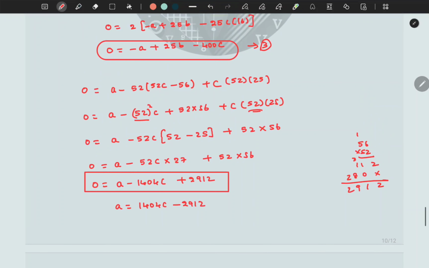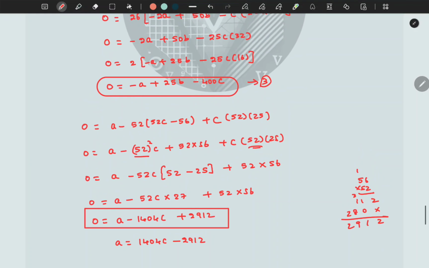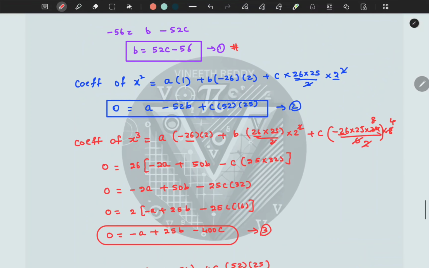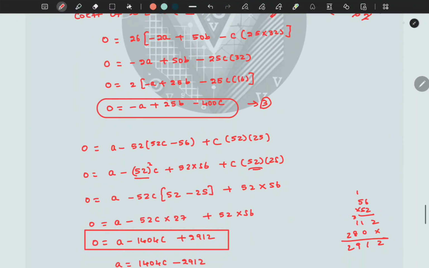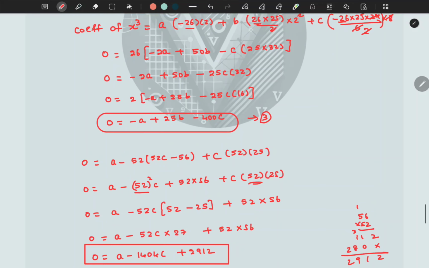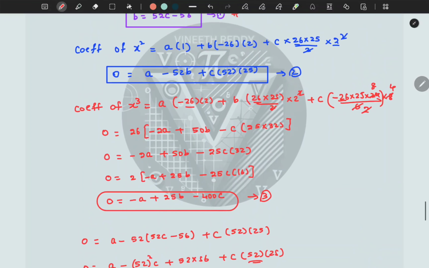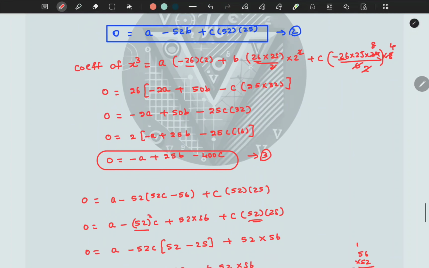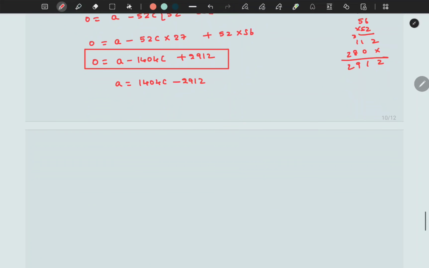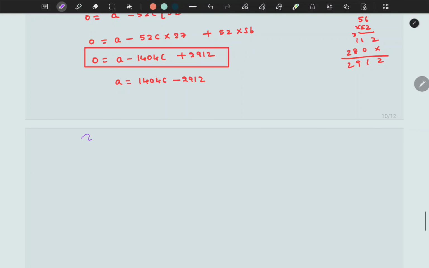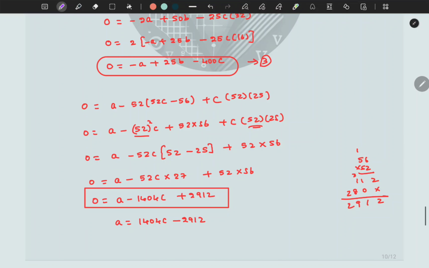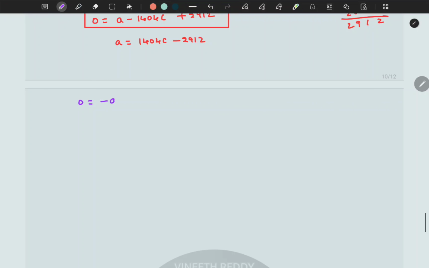Now let us replace b with 52c minus 56 in equation 3. So b is 52c minus 56. Let us substitute that in equation 3. We get equation 3 as 0 is equal to minus a. Instead of a we can substitute this, right?